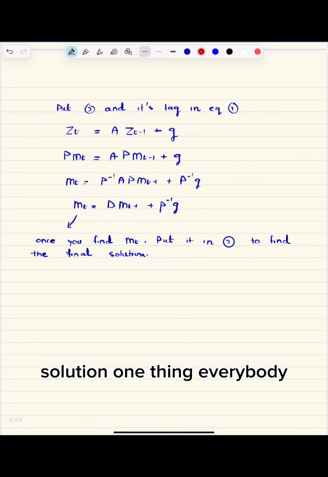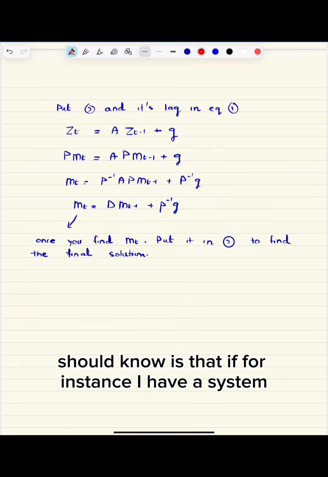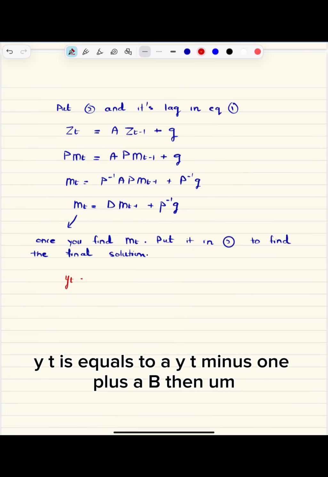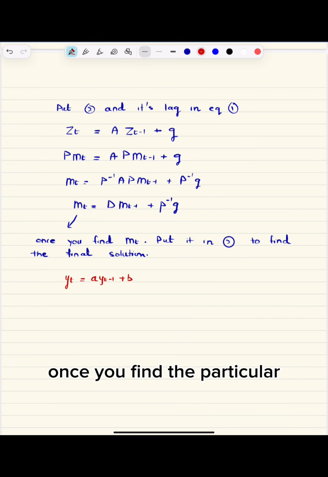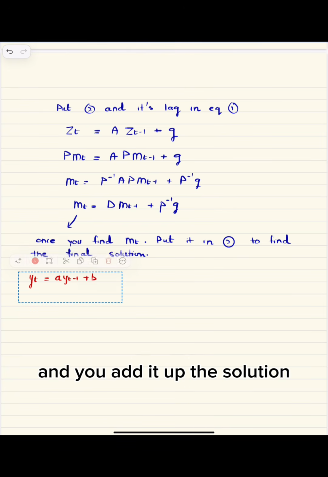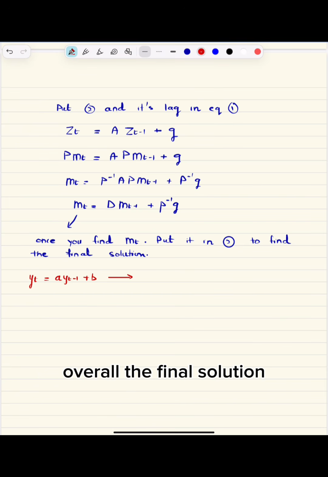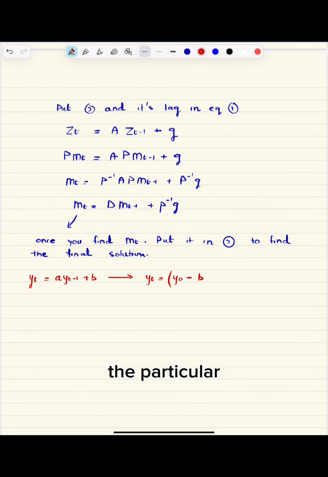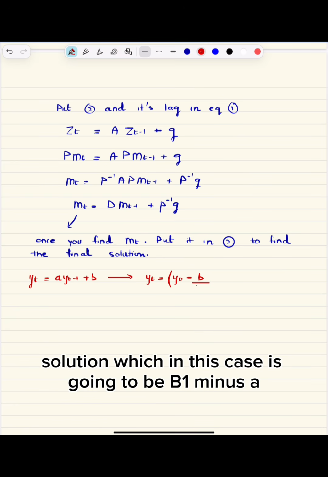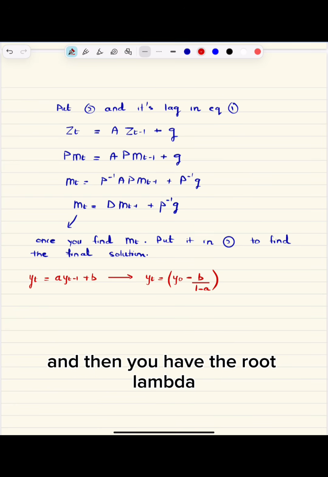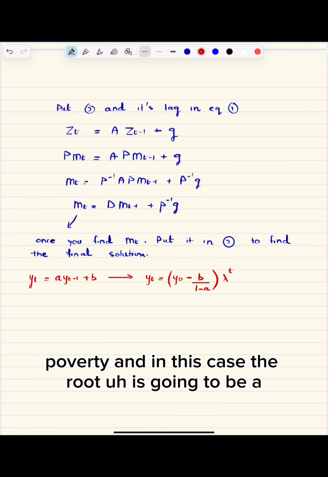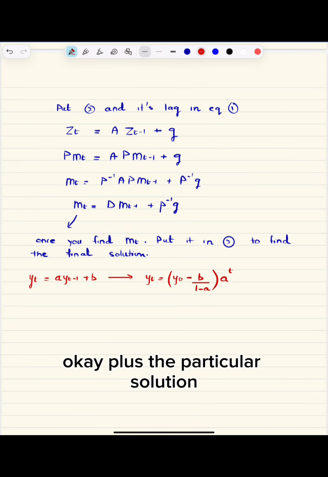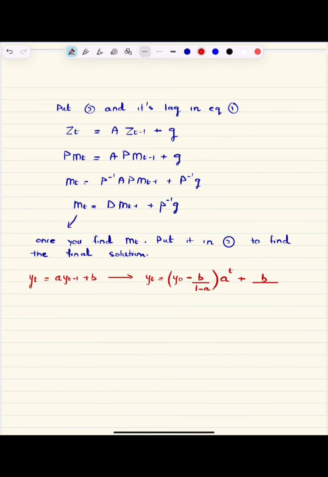Before I actually start the actual solution, one thing everybody should know is that if, for instance, I have a system y_t equals a y_{t-1} plus b, then once you find the particular solution and the homogeneous solution and you add them up, the final solution is basically the initial condition of y minus the particular solution, which in this case is b over 1 minus a, times the root lambda to the power t, and in this case the root is going to be a, plus the particular solution once again.